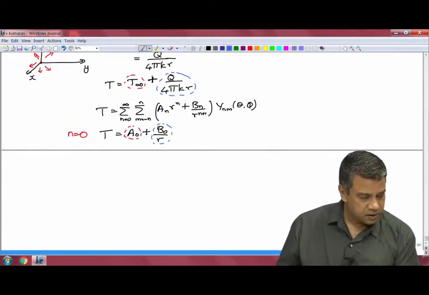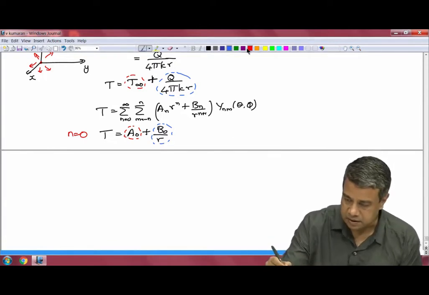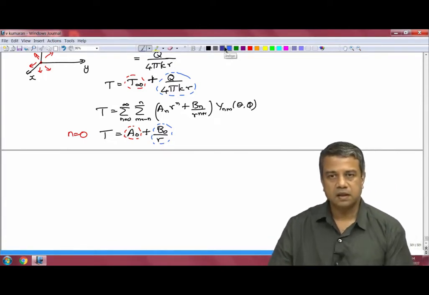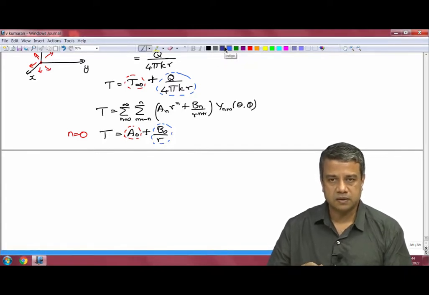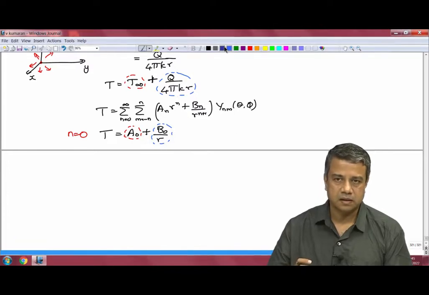I should note that this equation can also be written, rather than having del square T is equal to 0 outside of the point source, and the temperature at the origin is undefined because there is a source there.